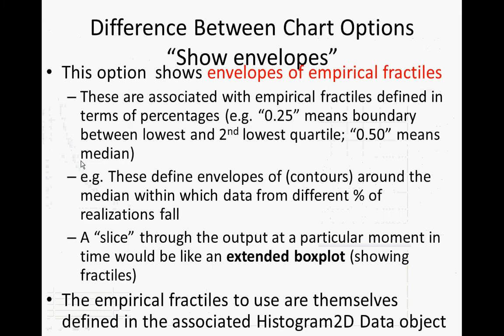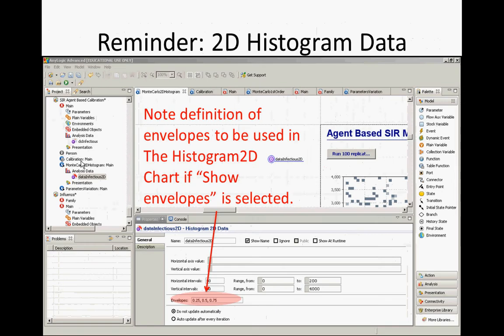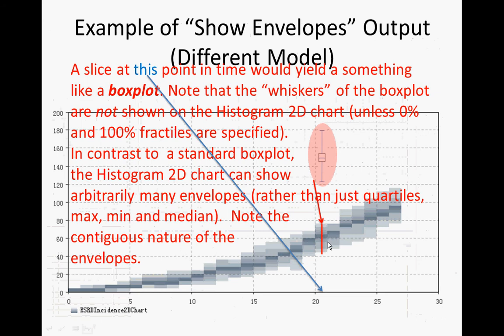There's another option provided by AnyLogic, which is to show envelopes. So here we're showing envelopes around the median, within which a certain number of values lie, and we can specify what those envelopes are. In this case, it's kind of like creating a series of box plots.